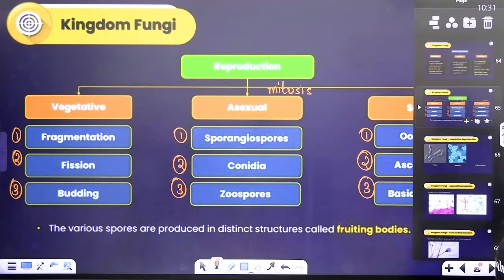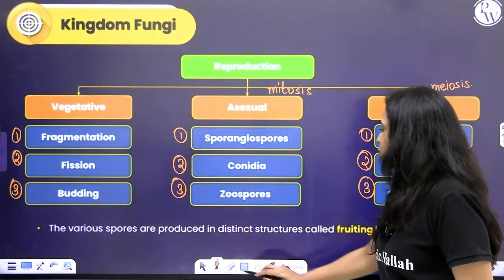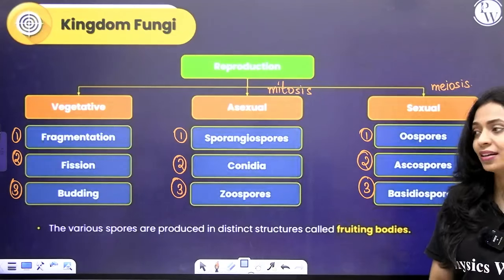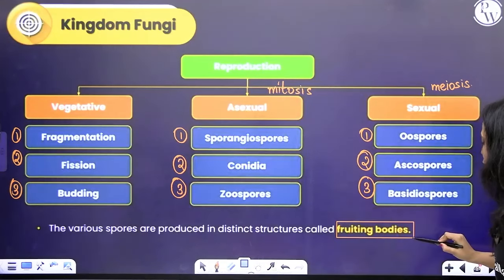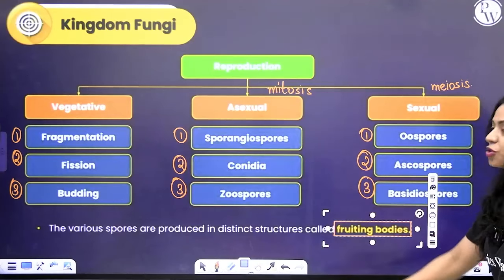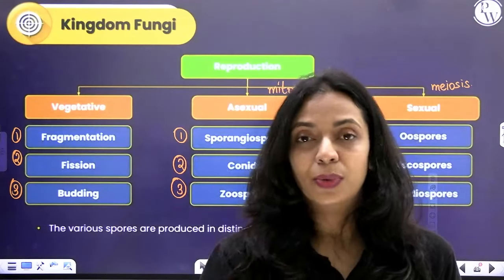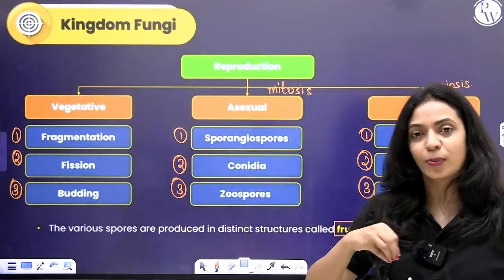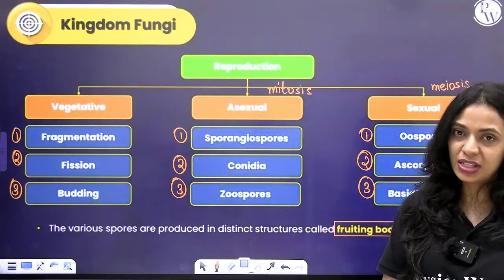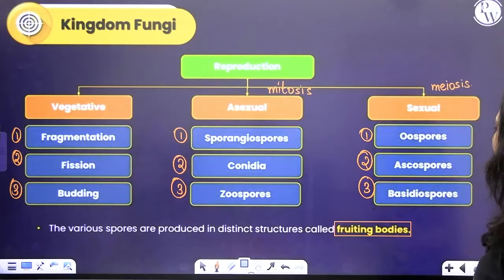Now, in fungi, we see that spores are formed in distinct structures that we call fruiting bodies. I told you about mushrooms, right? I showed you the picture of mushrooms. The mushroom that you eat is actually a fruiting body. So many different types of fruiting bodies form, and with the help of those fruiting bodies, spores are released. Okay?